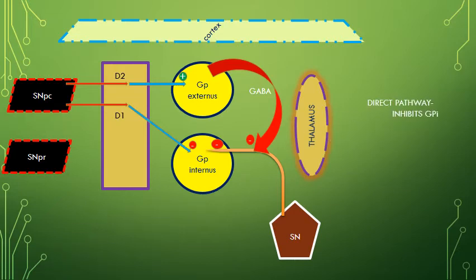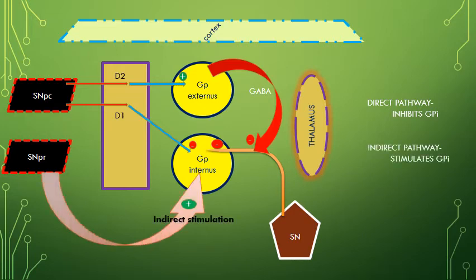This is the direct pathway, which always inhibits the globus pallidus internus. There is also an indirect pathway which stimulates the globus pallidus internus. When the substantia nigra pars reticulata is inhibited, it indirectly stimulates the globus pallidus internus.